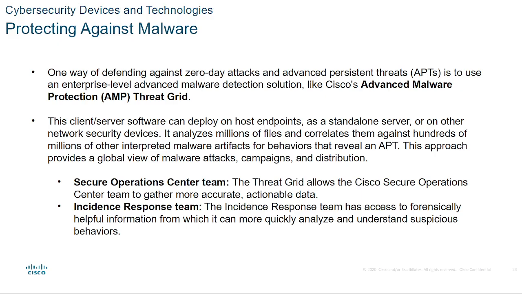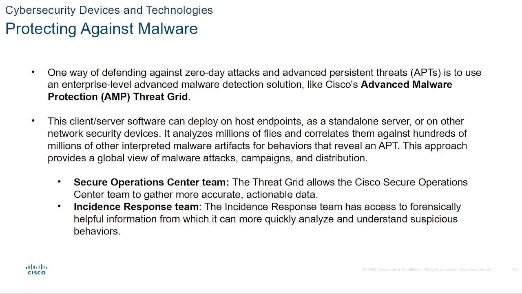It analyzes millions of files and correlates them against hundreds of millions of other interpreted malware artifacts or behaviors that reveal an APT. So this approach provides a global view of malware attacks, campaigns, and distribution.